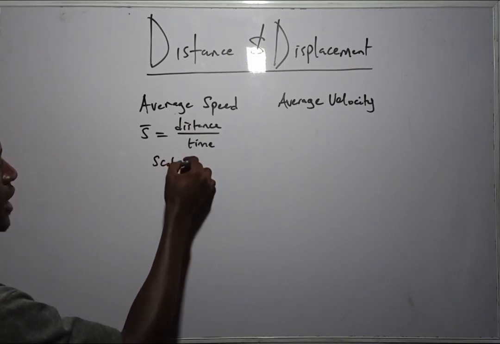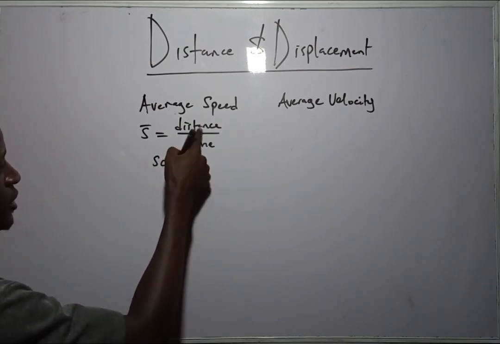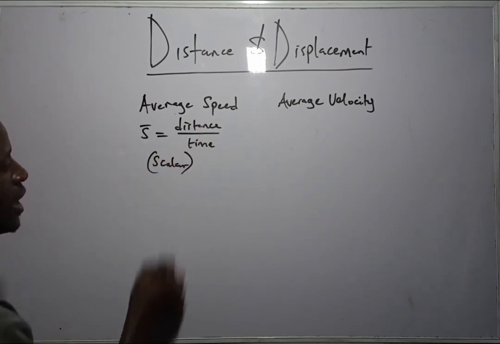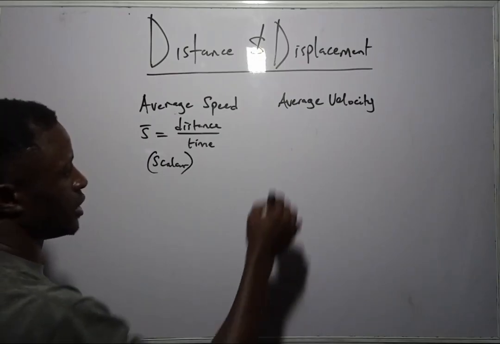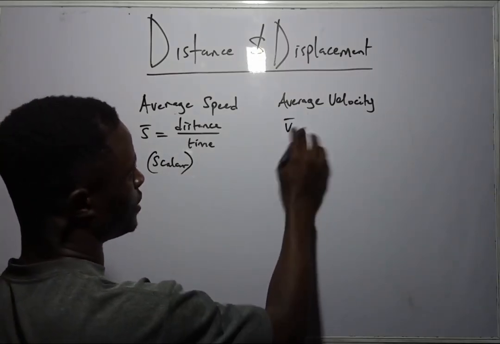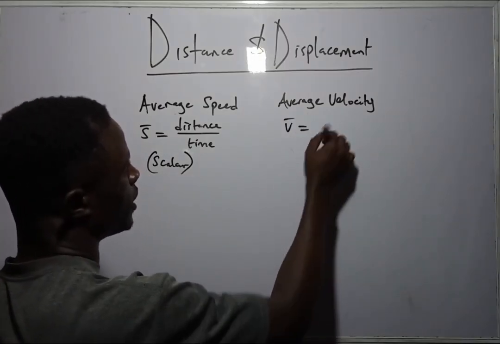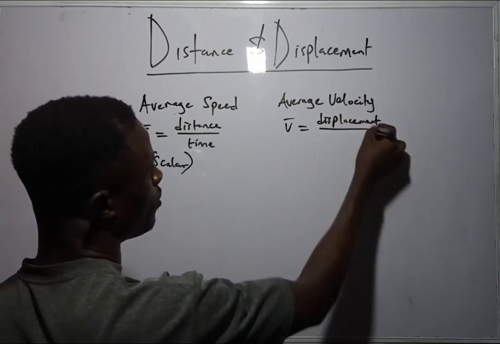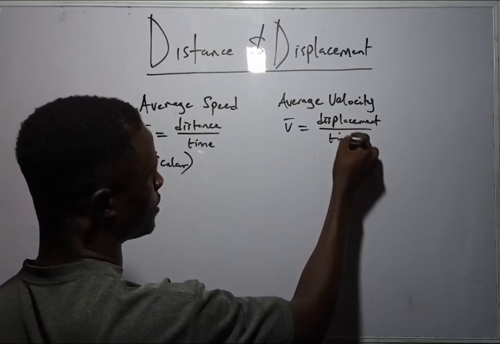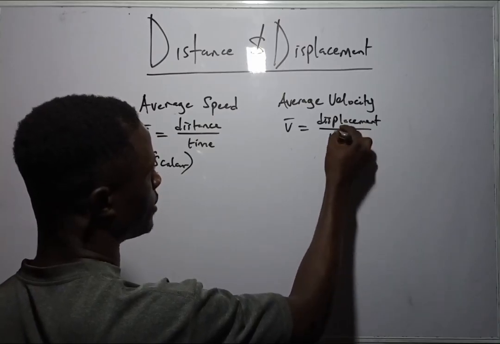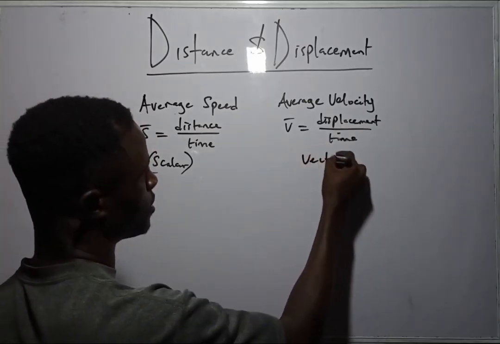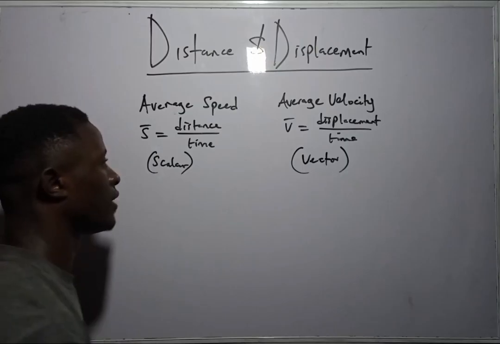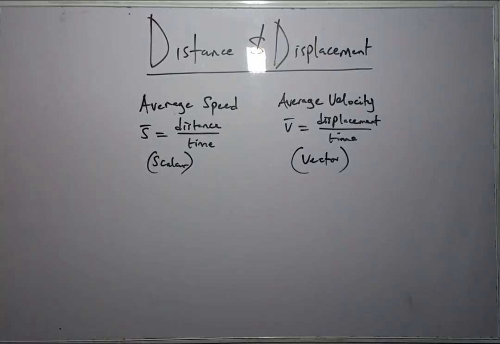Speed is a scalar quantity. Because distance is a scalar quantity, speed will also be a scalar quantity. Now, velocity is equal to displacement over time taken. Velocity is a vector quantity.